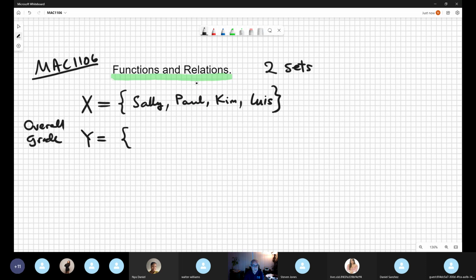When they finish, Sally finishes and gets an A, for example. This is a hypothetical example. B, C, D are official grades in college, and F. So it's not legal to get E or K. This is not an official grade.